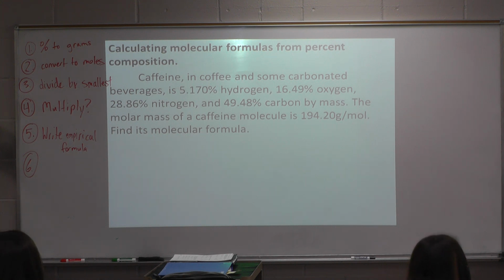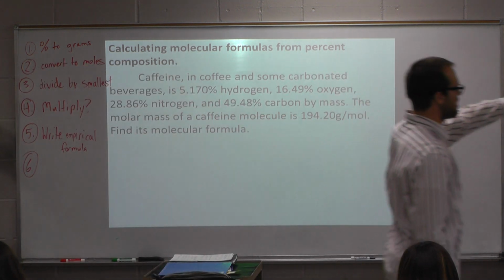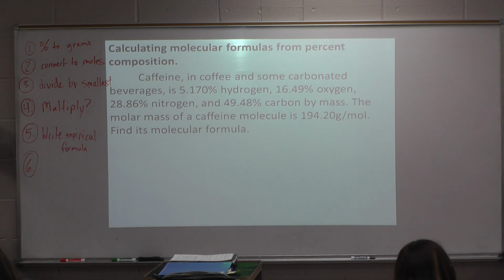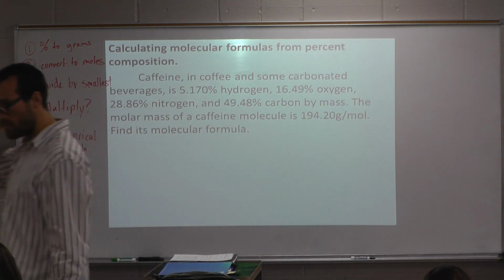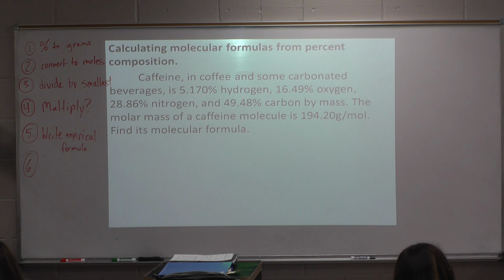So carbon, hydrogen, nitrogen, oxygen based on electronegativity. The only two that would be harder would be carbon and hydrogen, because we know nitrogen's more electronegative than carbon, and oxygen's more electronegative than nitrogen. Typically, carbon's always going to be first.